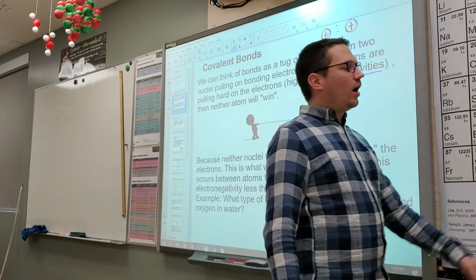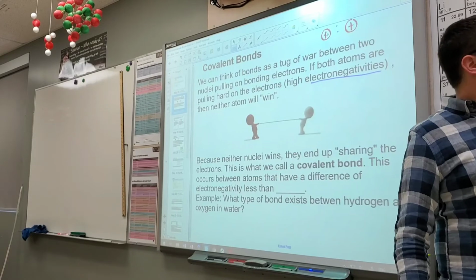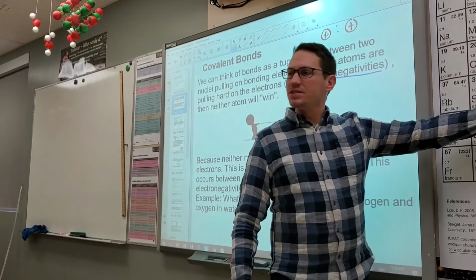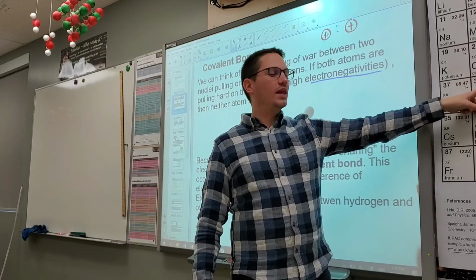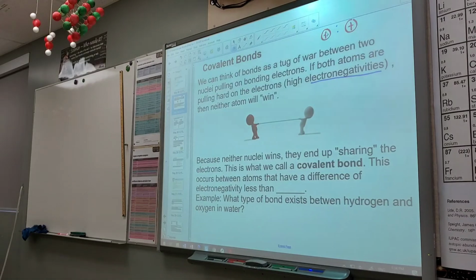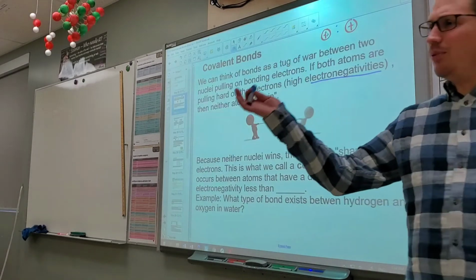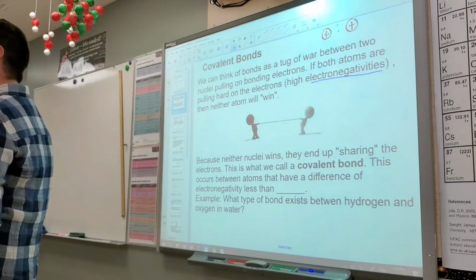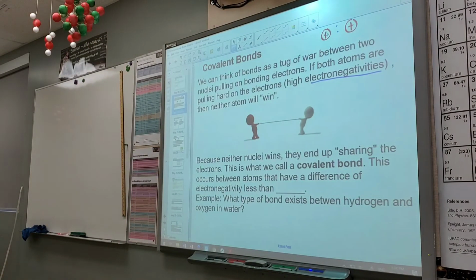Yeah, a lot of them are in the mid-2s. Some of these metals have pretty low electronegativities. Some of the non-metals have pretty high electronegativities. But 2.6 is on the higher end, right? Fluorine is pretty big. What's fluorine's electronegativity?